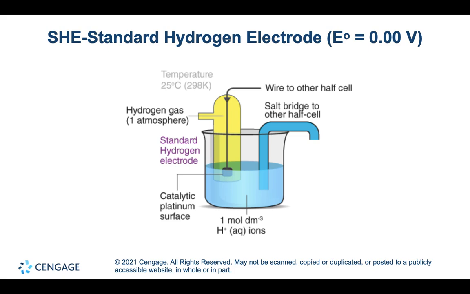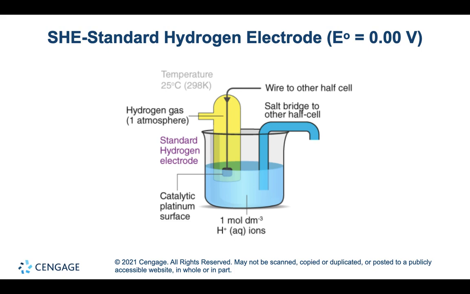And so you'd have to get creative with how you create an electrode like that. You'd have to have the H2 gas at 1 atmosphere, and you'd have the hydrogen ions at 1 mole per liter, and then you would choose an inert, we call it a chemically inert electrode, like a piece of platinum. And then we would connect that wire to the other half cell.